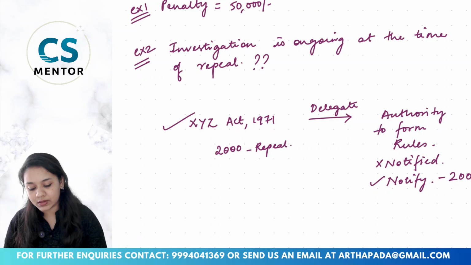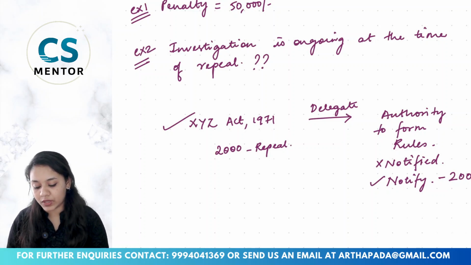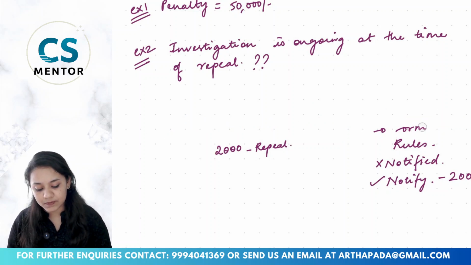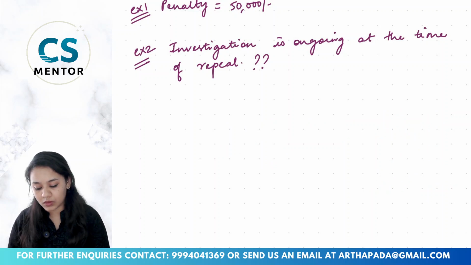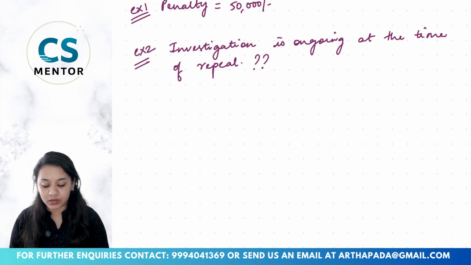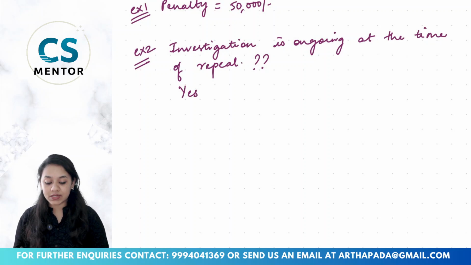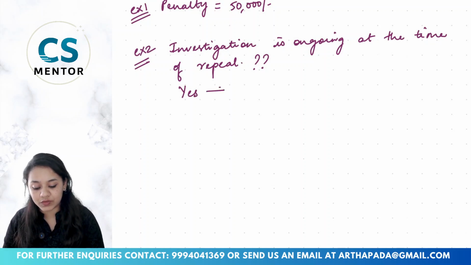So let's take an example for this. Here we said that there is an investigation which is ongoing at the time of repeal. Okay, in our example number 2. So let's look at this. When there is an investigation ongoing at the time of repeal, the question is, does the investigation continue? The answer is yes. The investigation will continue, and as a result of this investigation, punishment can be given.